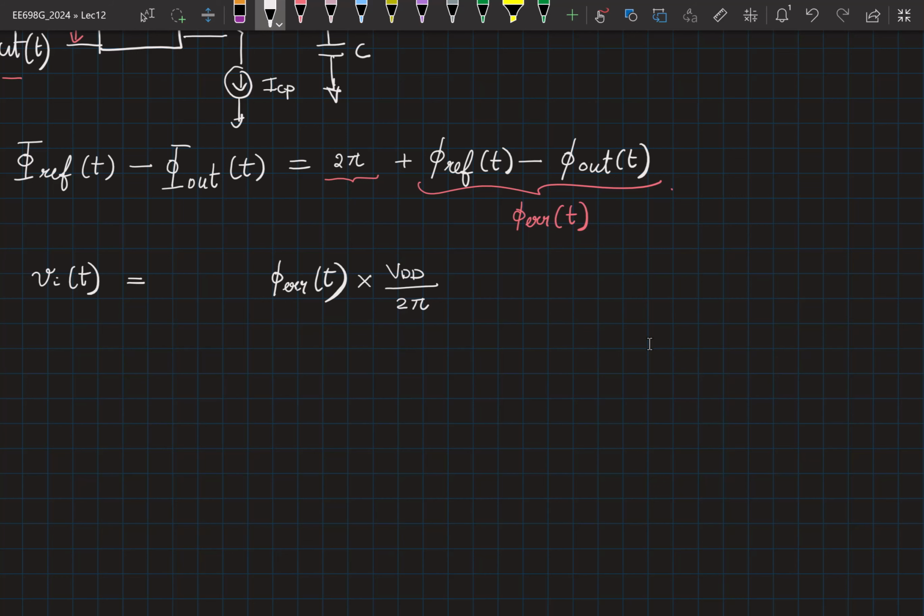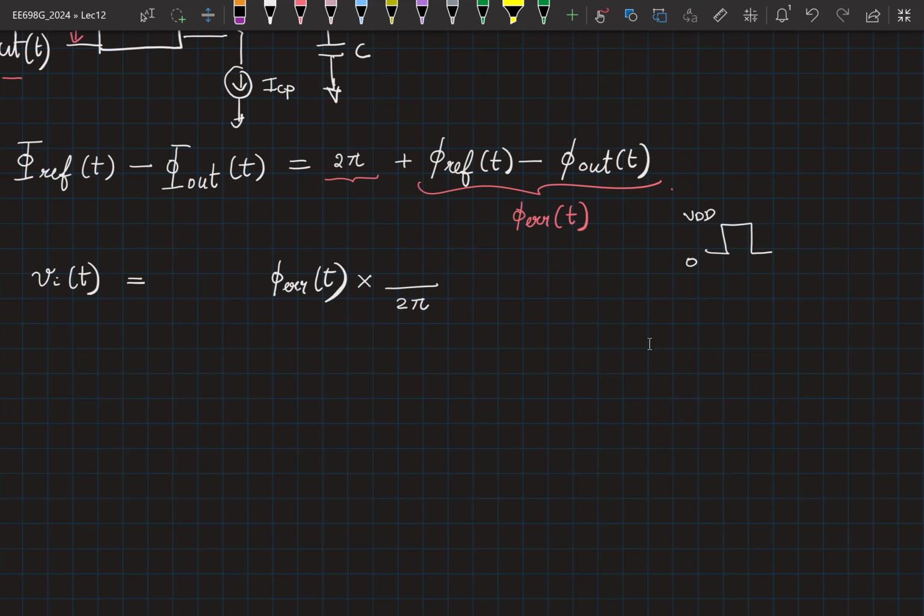Now you got VDD there because your up and down signals were swinging between 0 to VDD, and then you took up minus down and the average of that. So what should I replace it with now? Instead of a voltage signal swinging from 0 to VDD, you are now looking at current waveforms from the charge pump.